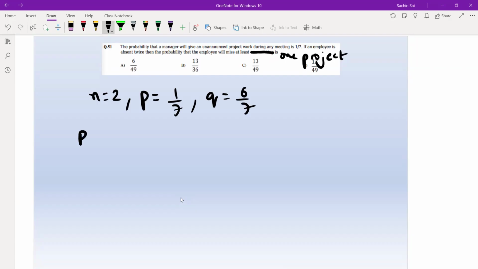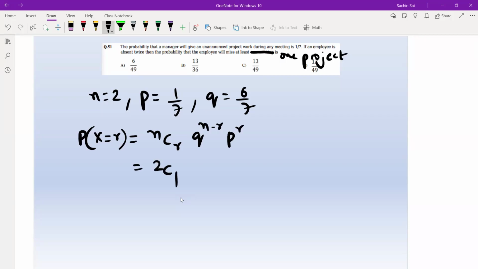So the probability that on these 2 days, our projects are allocated will be nCr into q power n minus r into p power r, which is 2Cr into (6/7) whole power 2 minus r into (1/7) whole power r.